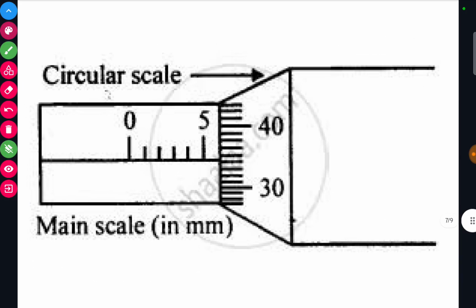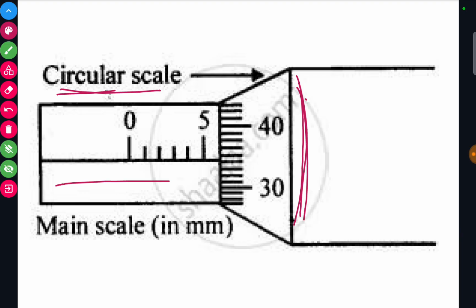Suppose this is my circular scale, and this is my main scale. How to find out the observation?